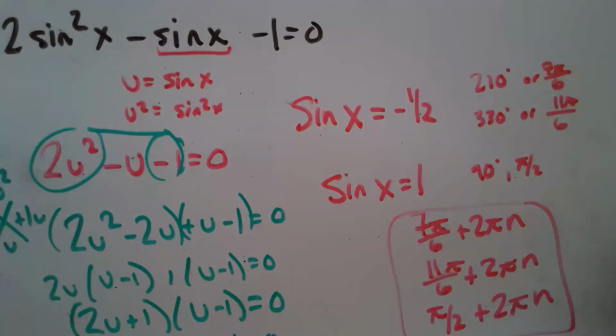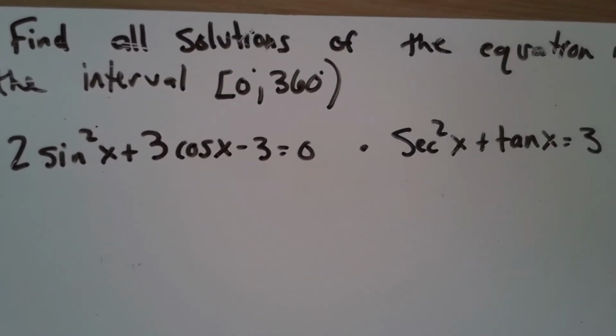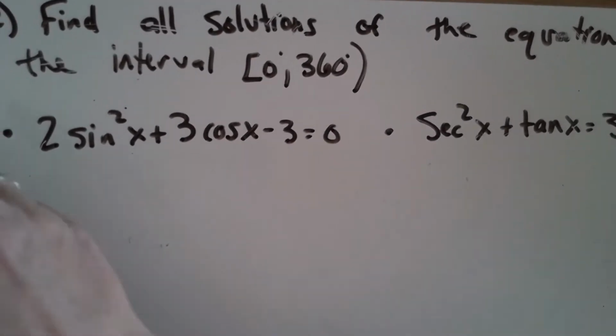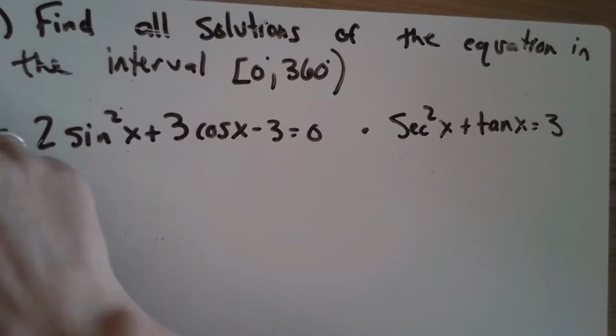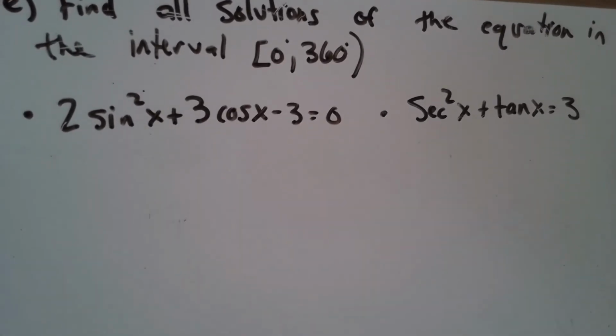Okay, last one. Okay, so find all the solutions of the equation in the interval 0 to 360 degrees. Okay, 0 to 360. These ones are probably the trickiest ones we have, because, as I said at the beginning, you want your identities page.